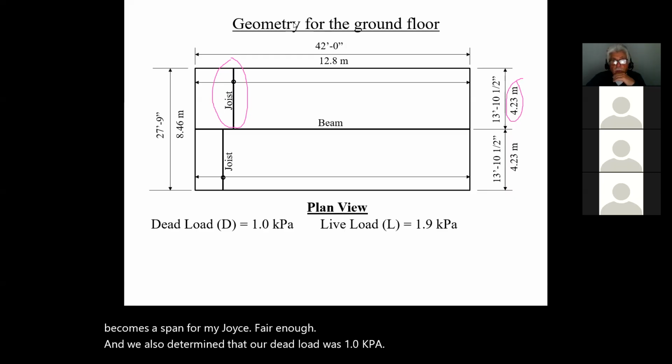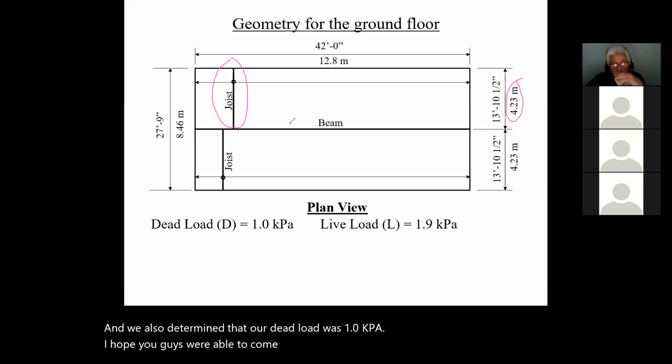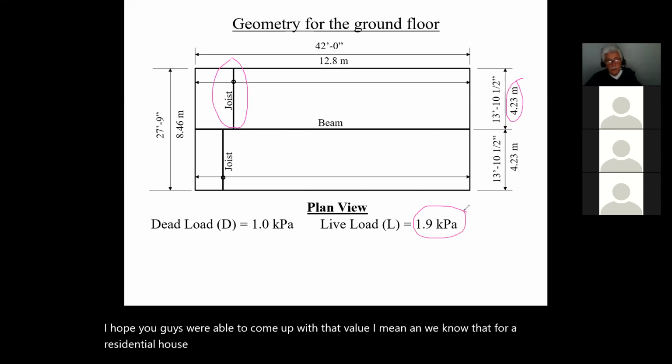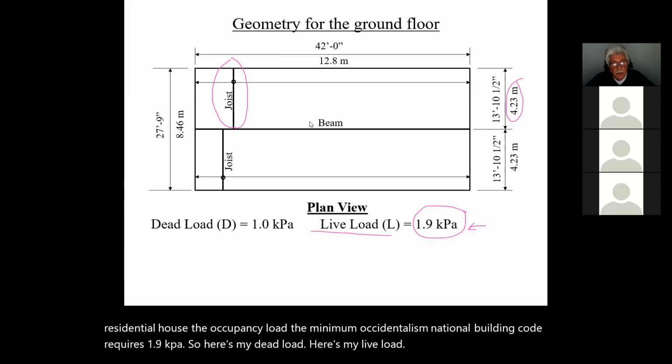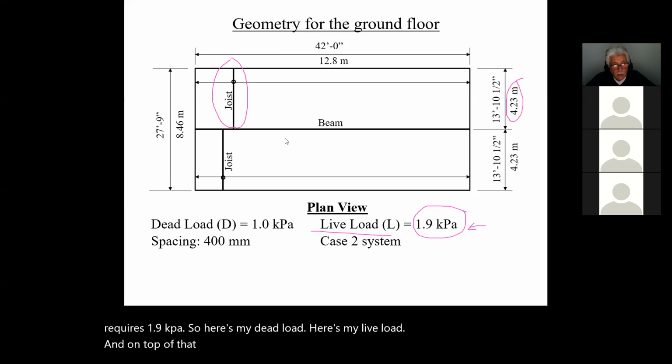I hope you were able to come up with that value. For a residential house, the minimum occupancy load that the National Building Code requires is 1.9 kPa. So here's my dead load, here's my live load. On top of that, I strongly suggest you start with a spacing of 400. Start with a spacing of 400. That's okay.